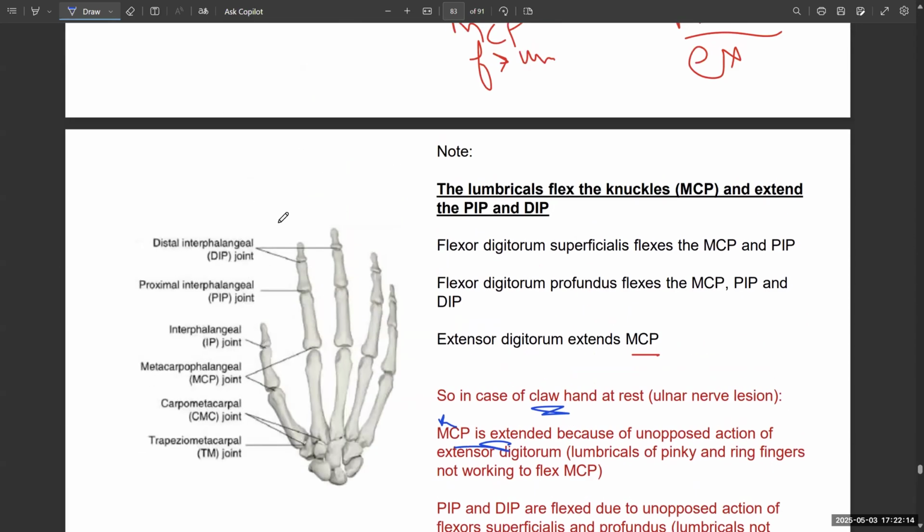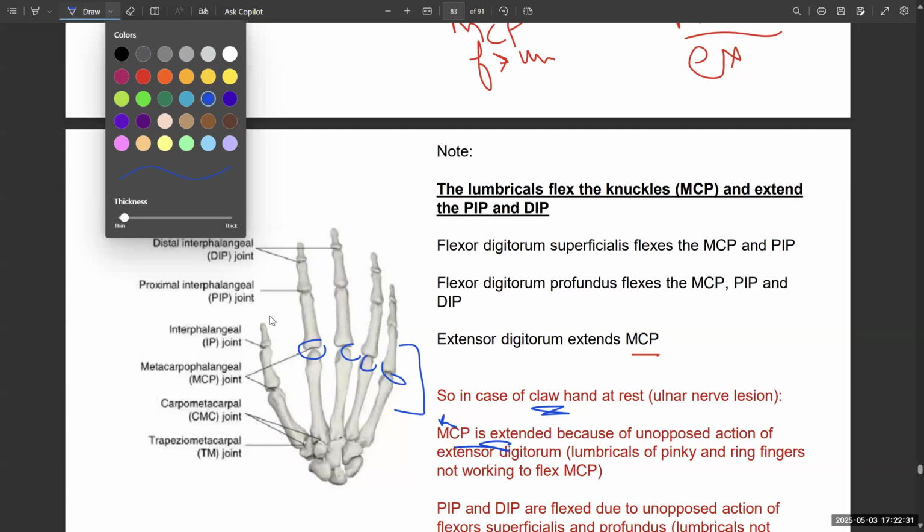So if you have the hand, the MCPs, so 1, 2, 3, and 4. There are 4 lumbricals. And all 4 of them are paralyzed in the case of Klumpke paralysis. So the claw hand is complete.